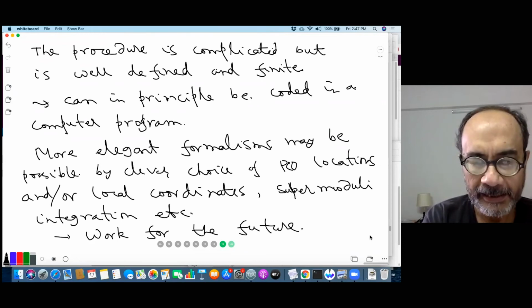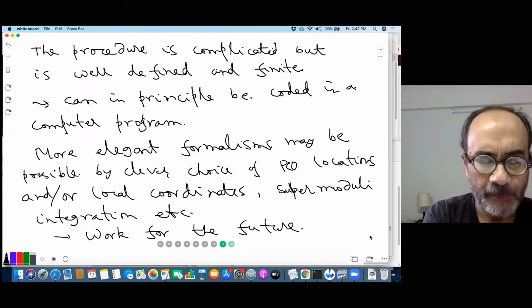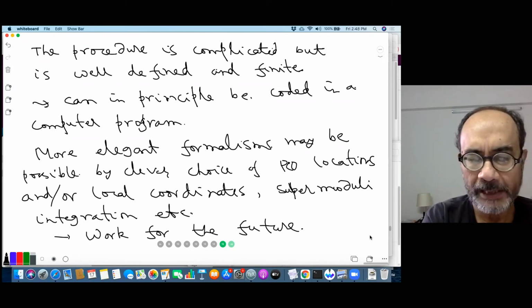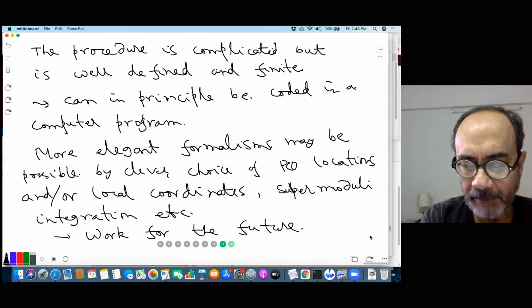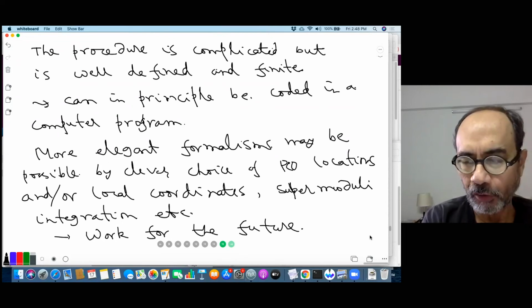You cannot take the PCO locations, for example, to vary holomorphically with respect to the moduli, because this follows from some results on the supermoduli space, that the supermoduli space is not holomorphically projected beyond certain genus and certain number of punctures. But whether it is possible to not have a holomorphic section, but nevertheless somehow avoid all the spurious poles, that answer is not known.